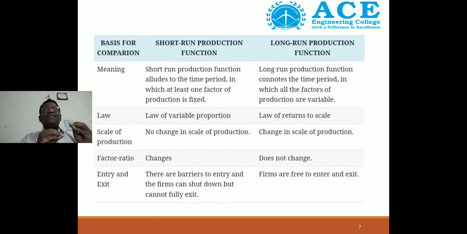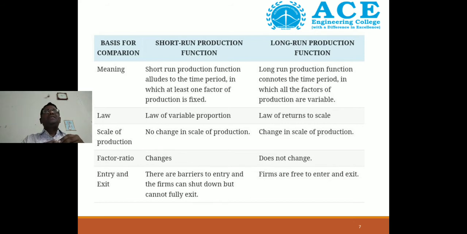What is the meaning of scale of production? It means increasing the output. Whereas in the short run production, after a certain amount of labor, the output level will not increase. It may be constant or it may go negative. But in the long run production function, there is a change in the scale of production. Then what is the factor ratio in the short run production?